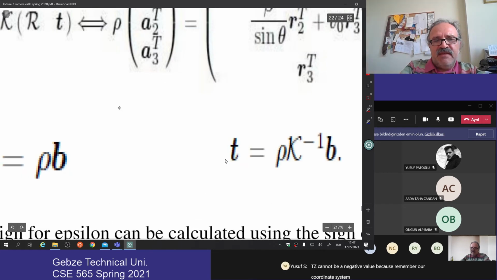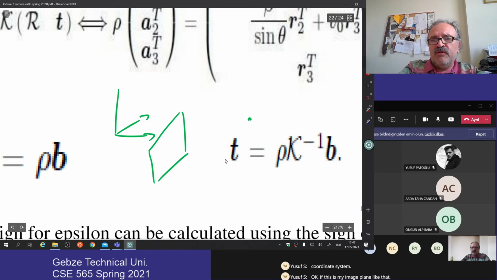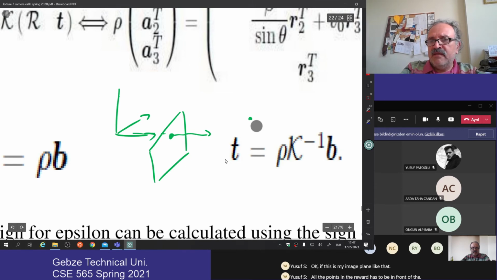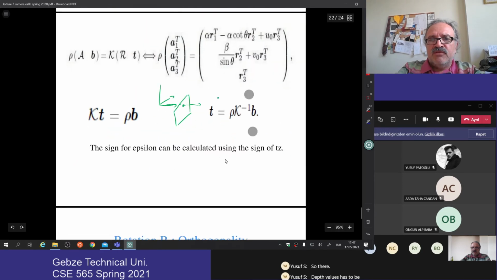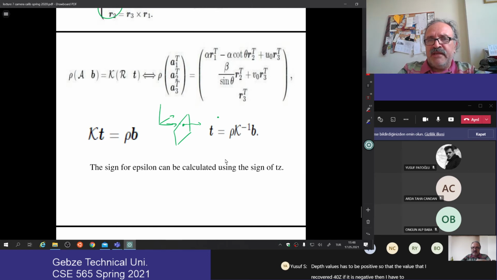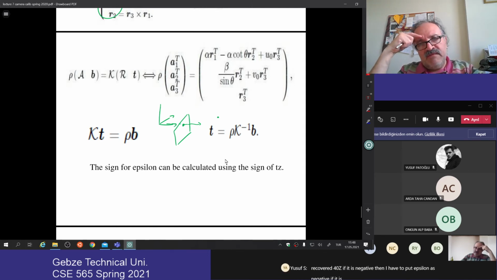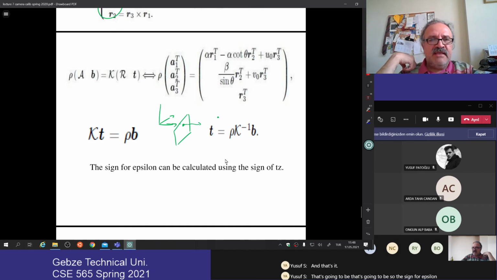If this is my camera coordinate system, and this is my image plane, all the points in the real world have to be in front of the camera. So their depth values have to be positive. So the value that I recovered for tz, if it is negative, then I have to put epsilon as negative. If it is positive, then epsilon is positive. And that's it. So the sine for epsilon can be calculated using the sine of tz.